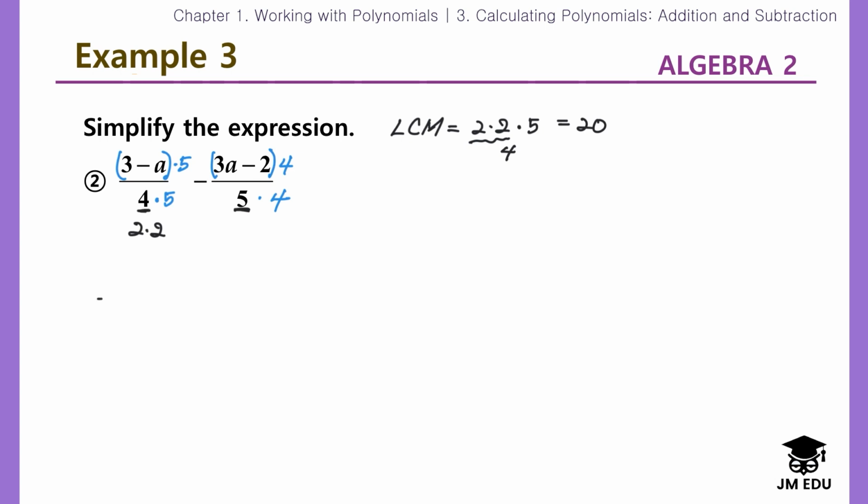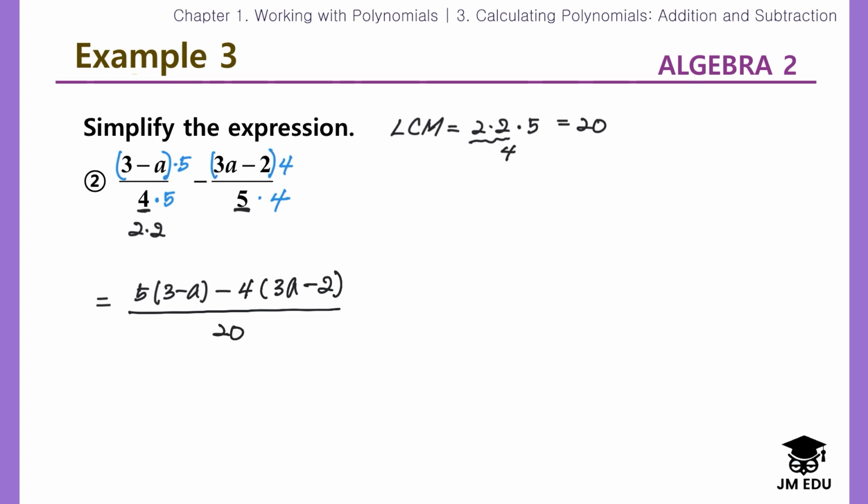So that is equal to 5 times (3 minus a), minus 4 times (3a minus 2), over 4 times 5, which is 20, right? Our common denominator is 20 now.